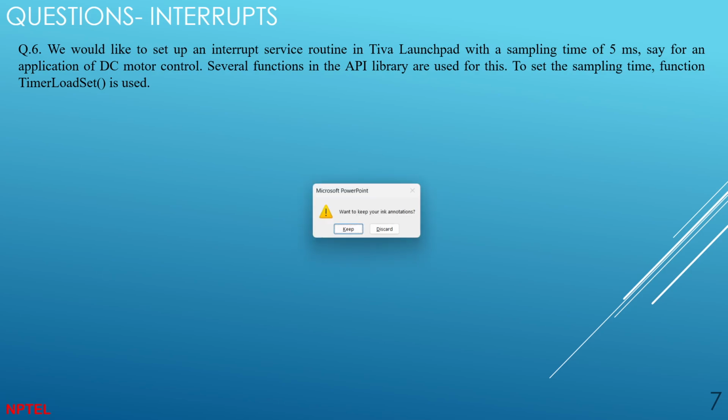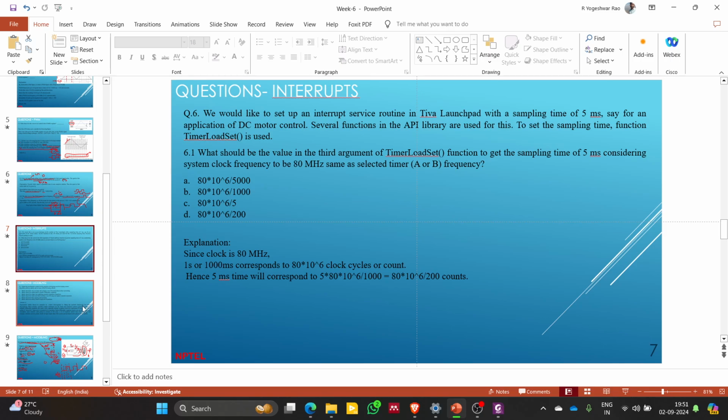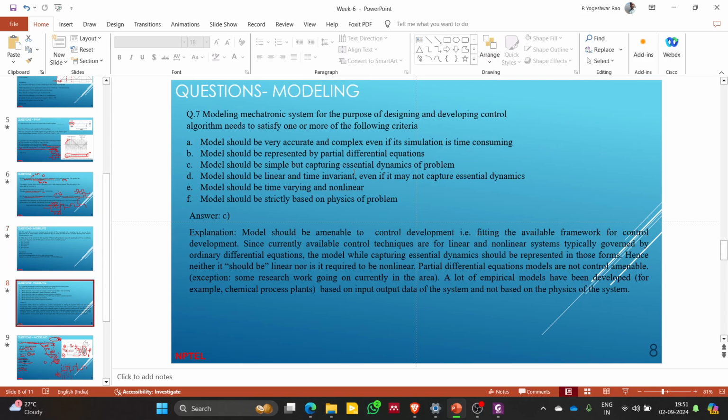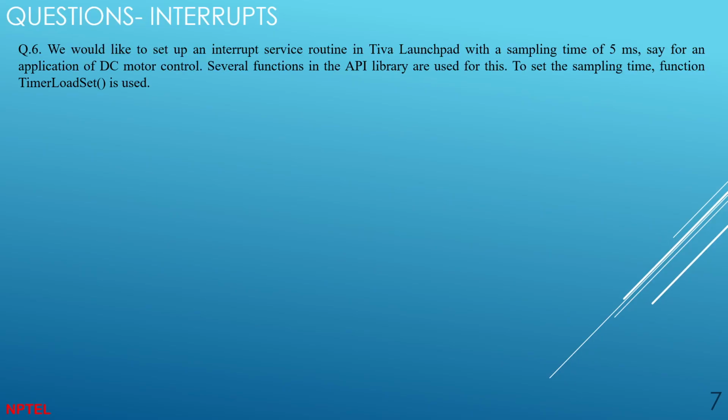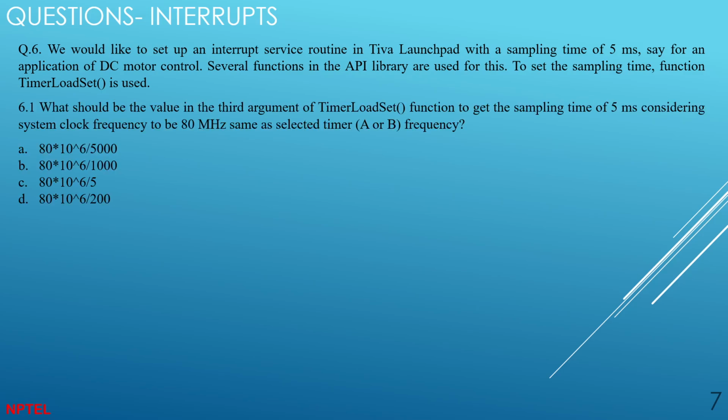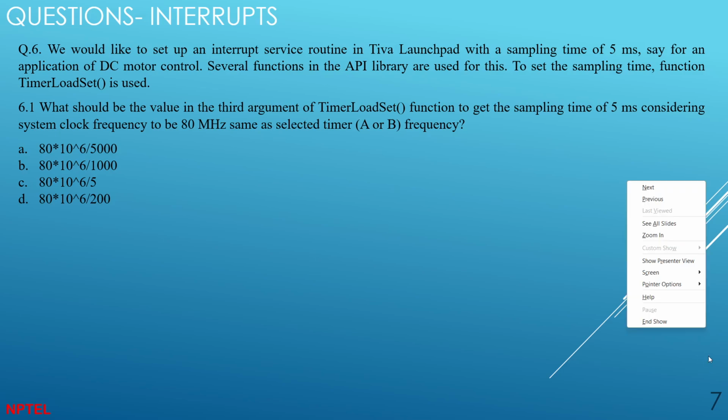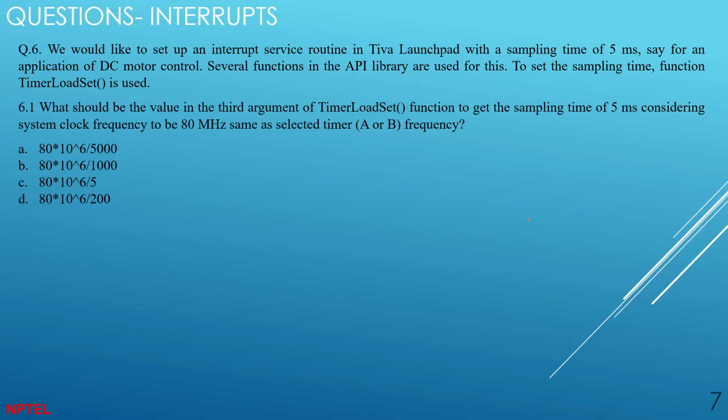And then there is one more question on interrupts. We would like to set up an interrupt service routine. An interrupt is something like, suppose you're running a motor and for a small amount of time you want to get a motor reading, but it has to happen at a particular time period.